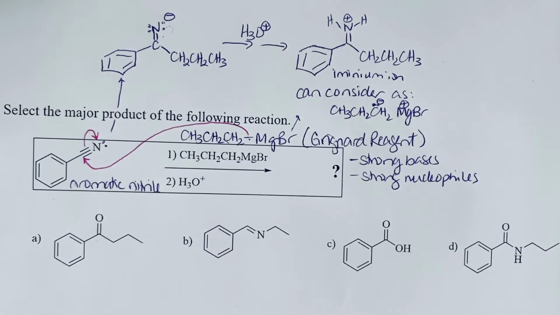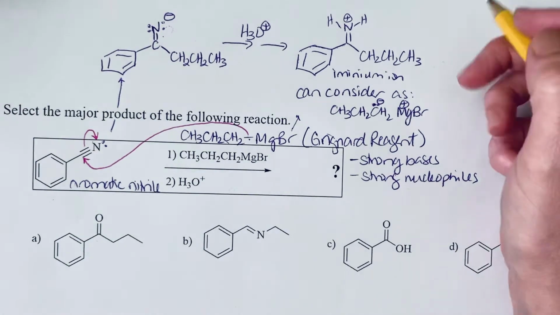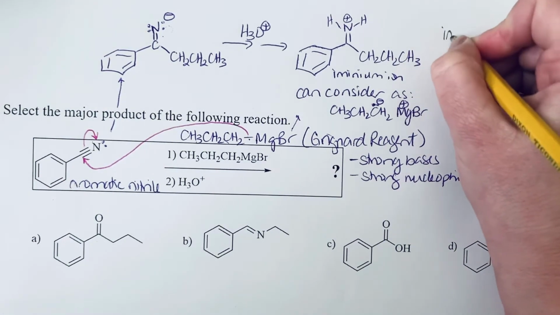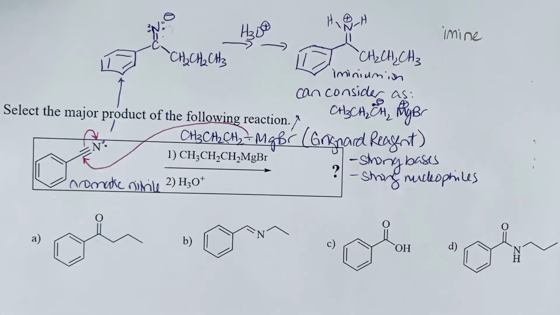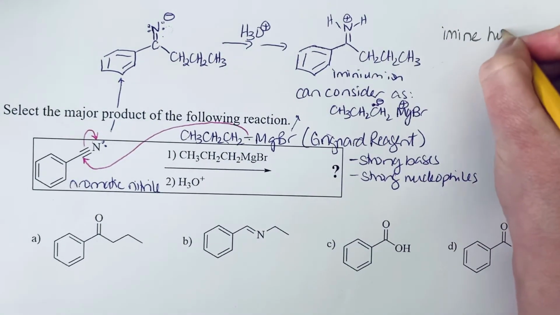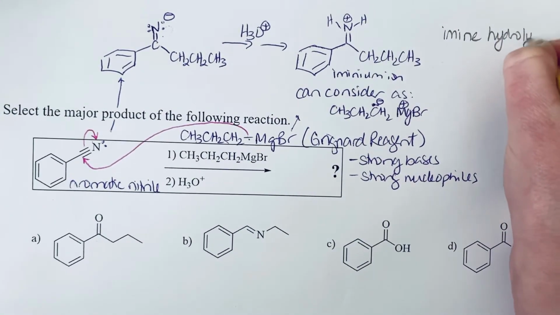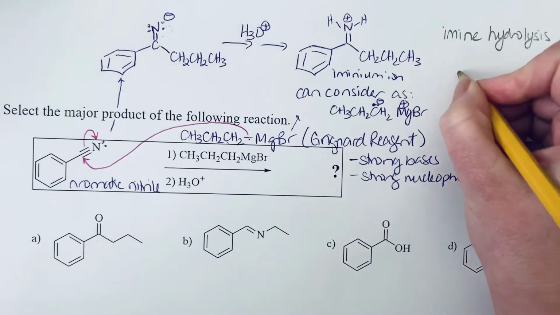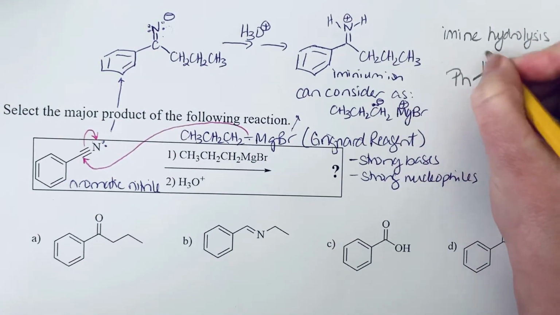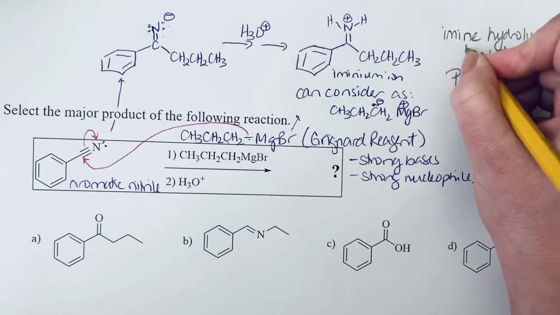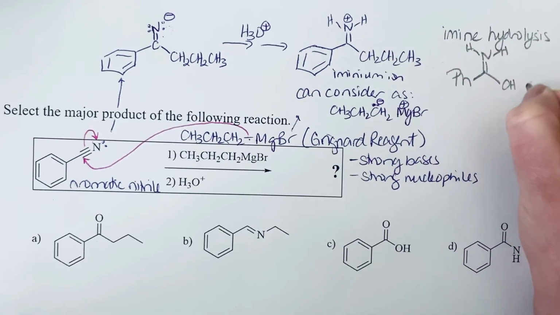And this is hydrolysis conditions. So we should remember that imines can be hydrolyzed to give you carbonyl compounds. And so to figure out the product of this imine hydrolysis, I have grabbed a pencil. This is what's going to take place in the next step, a hydrolysis. So we have that phenyl ring, we've got the double bond to the nitrogen, and we've got the propyl group that we added.